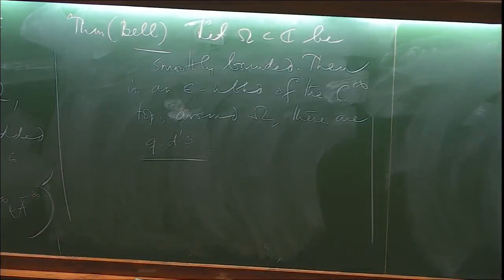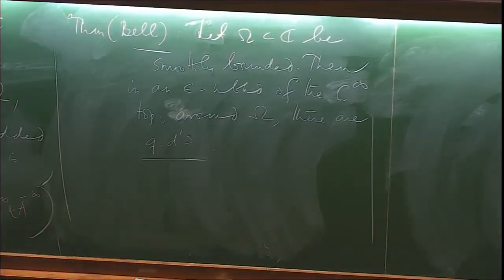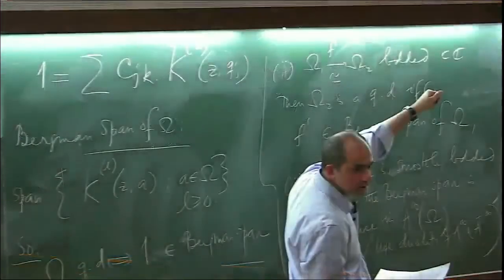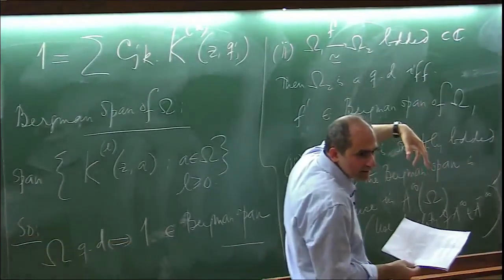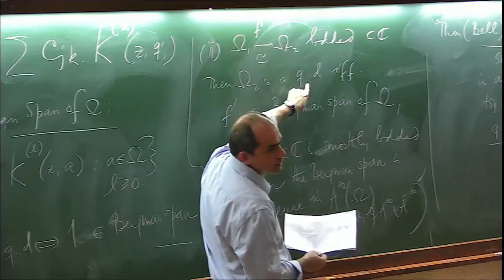Okay, so what is the idea here? Let's use step number 2. So I start with omega, which is an arbitrary smoothly bounded domain. I want to come up with an F which is close to the identity, because I want it to be close to omega, such that the image of this map is going to be a quadrature domain.